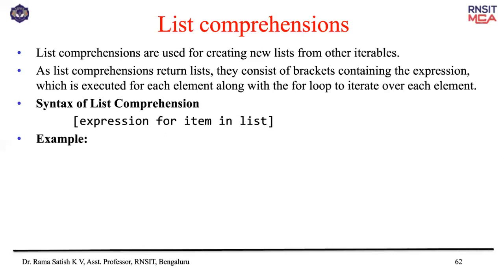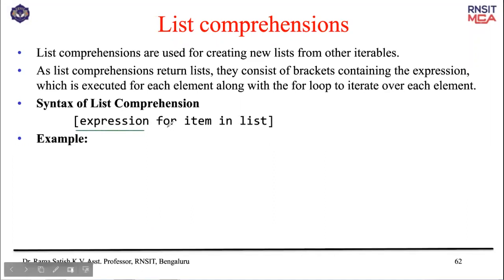You write the expression and then you write the iterable component. This is the expression, and for the iterable component, you write the for loop. So what happens? It will create the list.